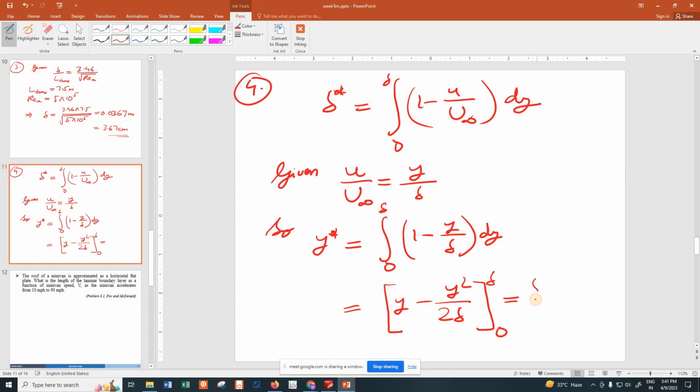So this would basically become delta by 2, which is equal to 1.835 centimeters.